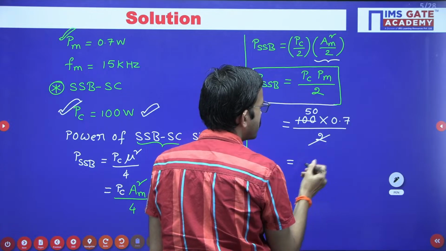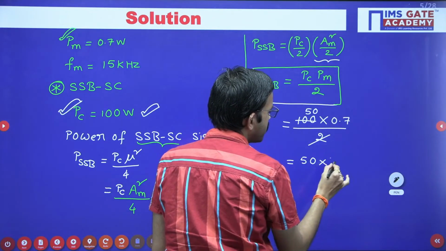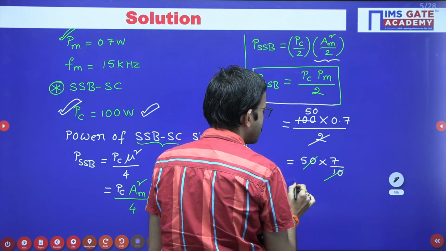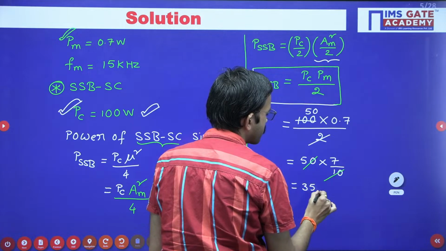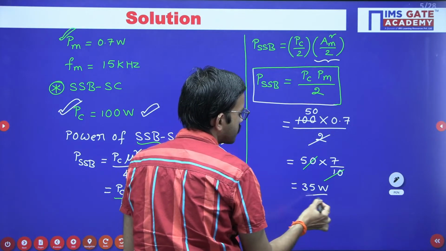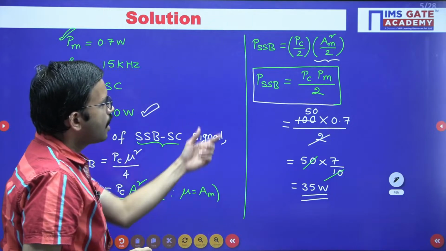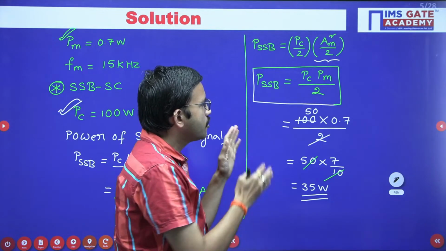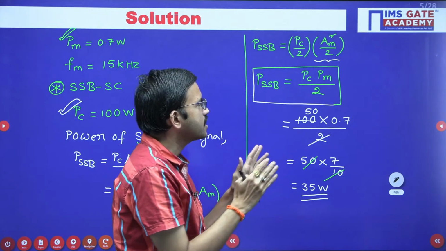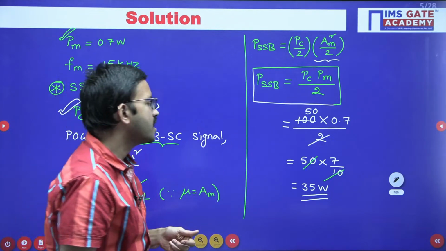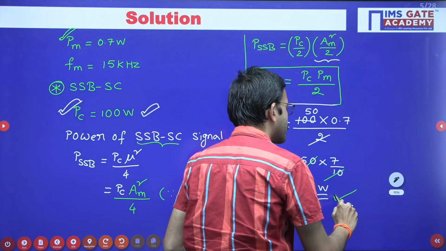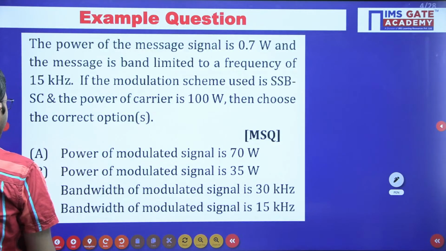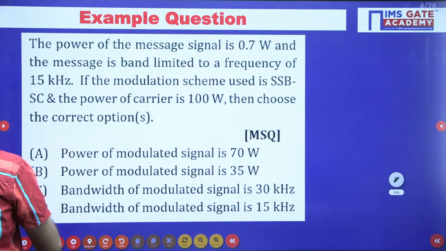Here 0.7 you can write as 7 by 10, so the 10s get cancelled. 5 sevens are 35, so 35 watt. This is the power of the SSB-SC signal. If you want to transmit a signal with only one sideband, we require this much power, 35 watt. So with this understanding we can choose option B as the correct one.